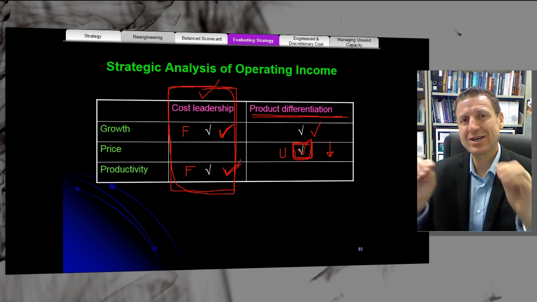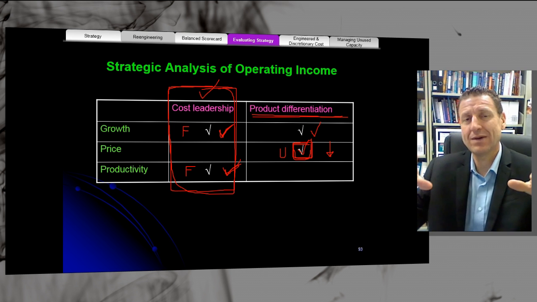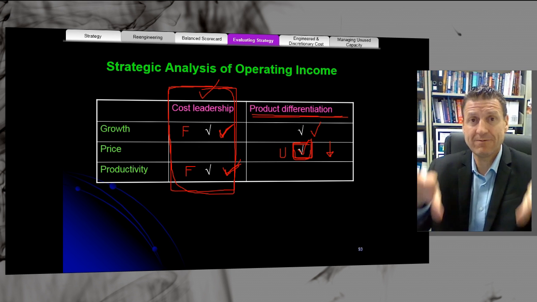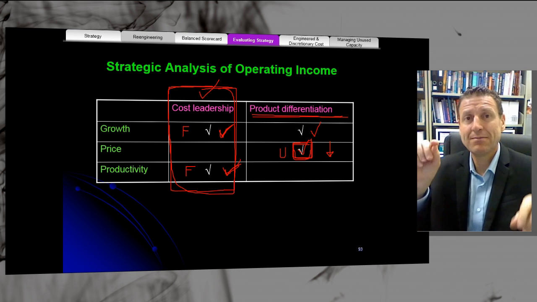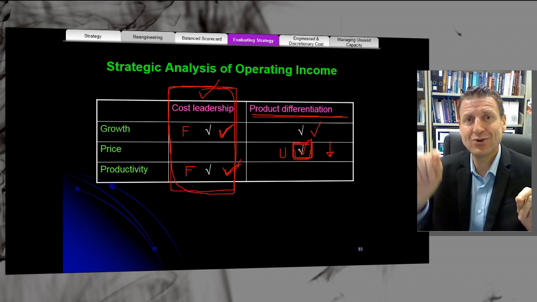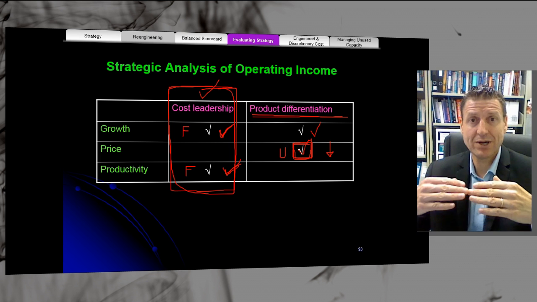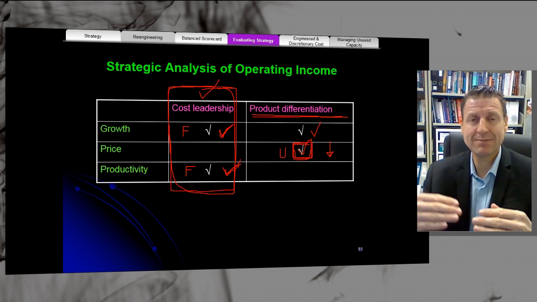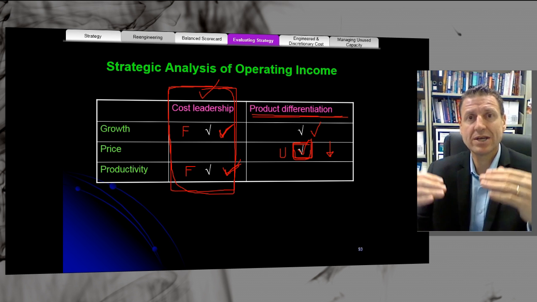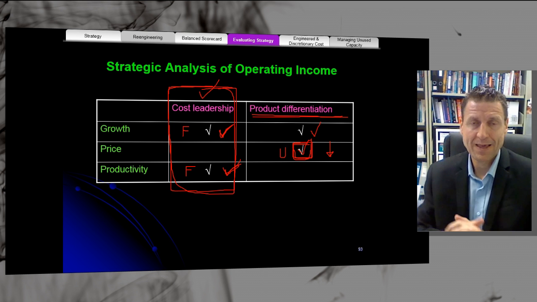See, as you can see here, depending on the general orientation or the focus of the strategy, senior management are going to look at different aspects of the operating income. Growth, price, and productivity are nearly impossible to focus on all at the same time. Sometimes you may have to give up one to get more of the other.